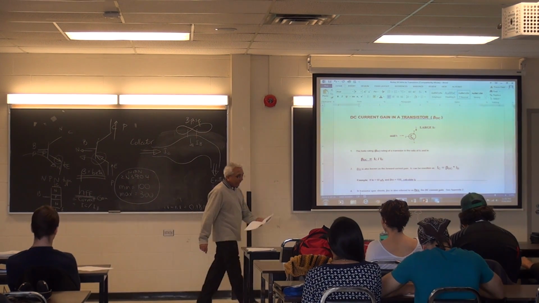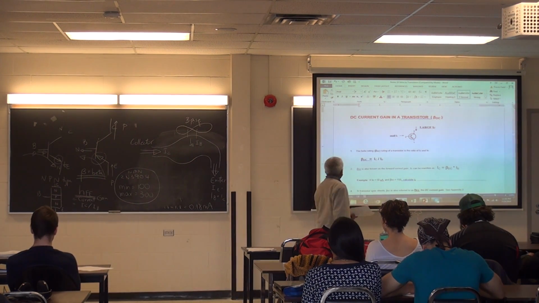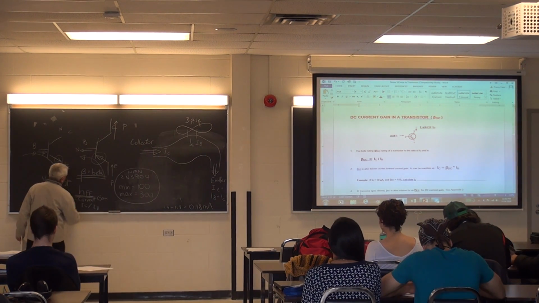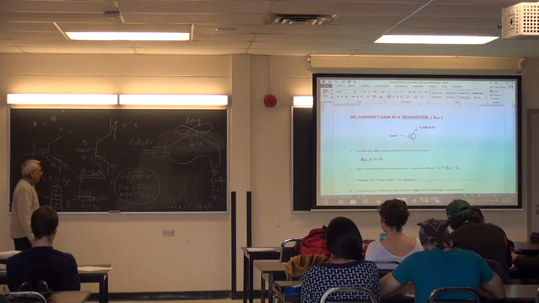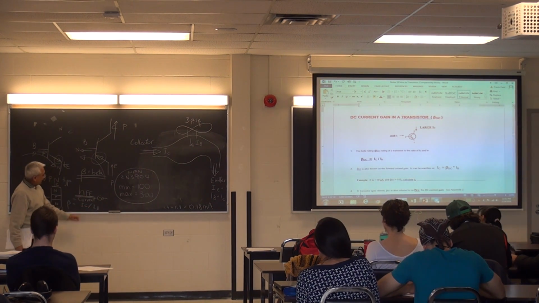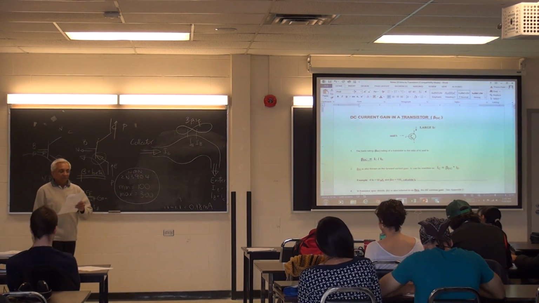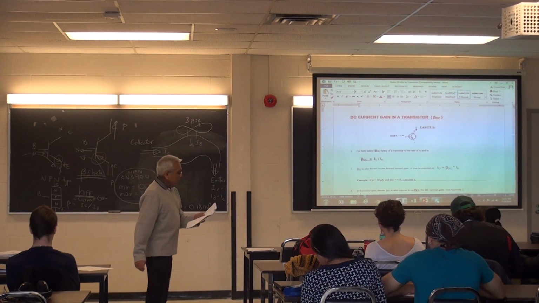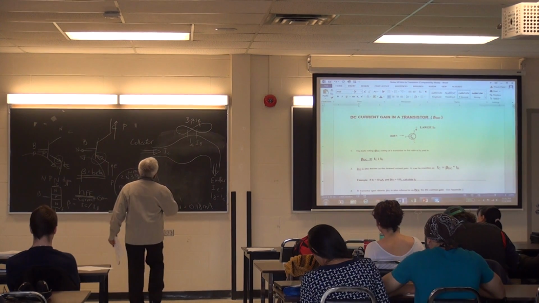How much is IC? So let's calculate. Using this equation that beta is IC over IB, if we know that IB is 50 microamps, how much is IC? What do you get? 7.5 milliamps.